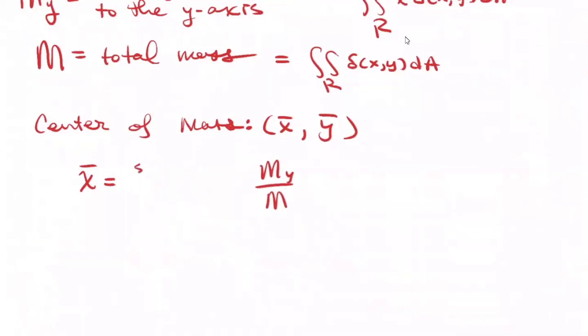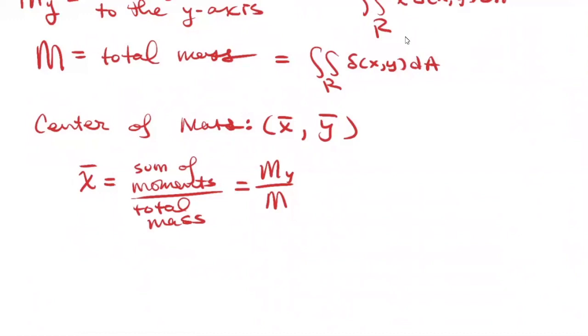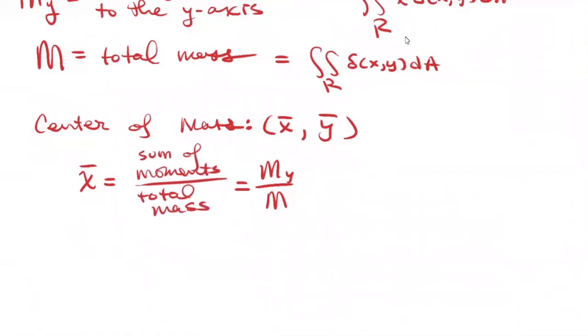Okay, so it's the sum of moments divided by total mass. And that's this thing. And again, you have to use moments to the y-axis because you're measuring to the y-axis, which is an x coordinate.